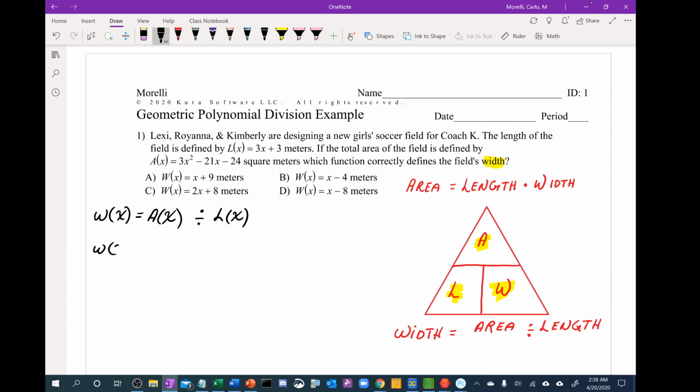That's what we're hoping to find. But we do know A of x. A of x is 3x squared minus 21x minus 24. And we're going to divide by L of x. L of x is 3x plus 3.